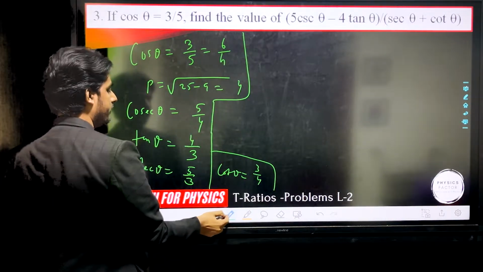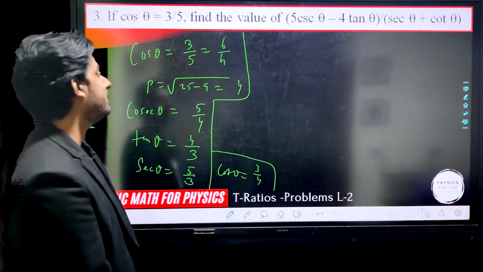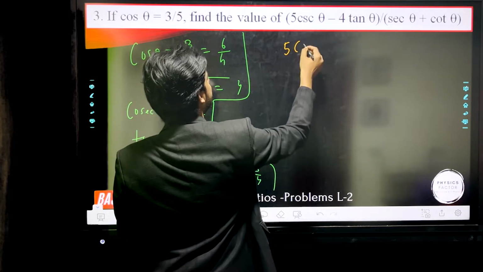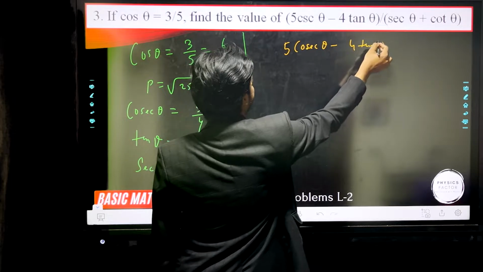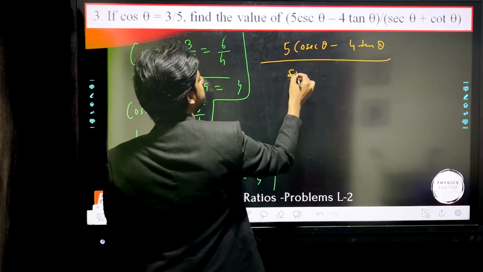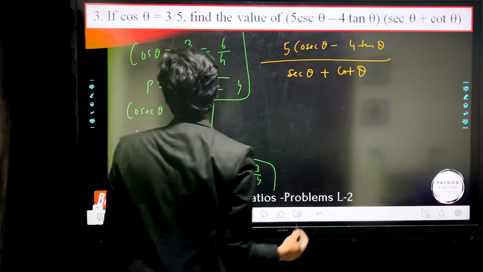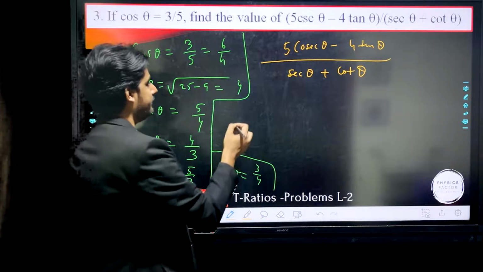I think we got all the values. Now we are ready to calculate the expression. Okay, so let's write the expression first. So 5 cosec theta minus 4 tan theta upon sec theta plus cot theta. We just have to substitute these values in this expression and then we get the answer.